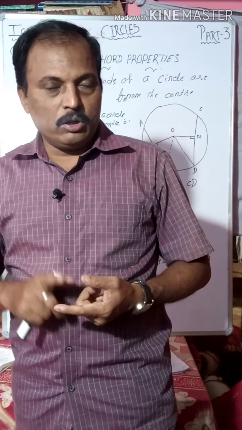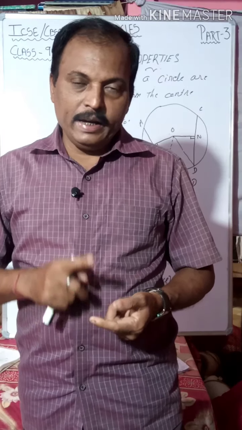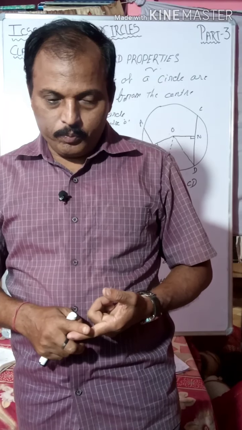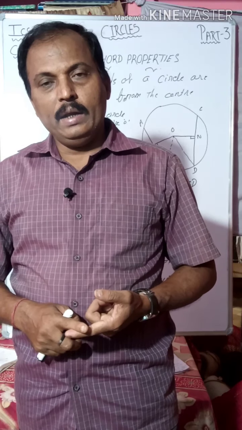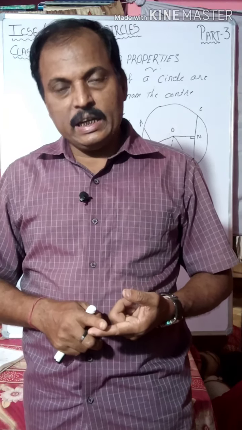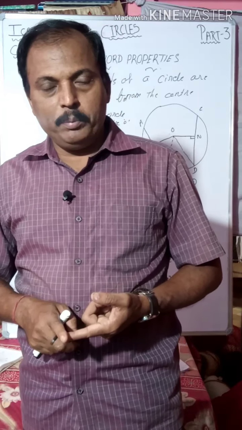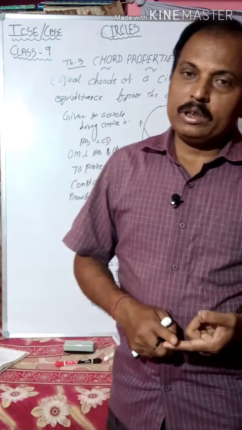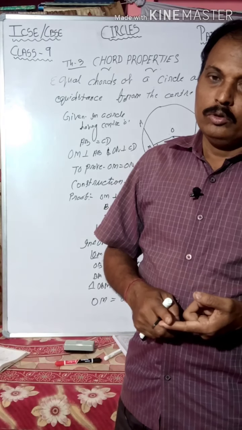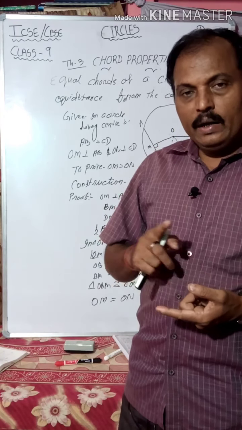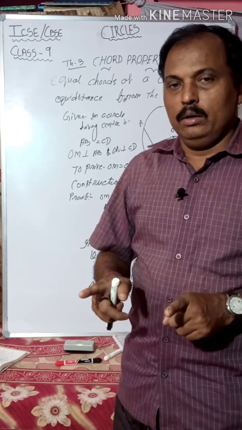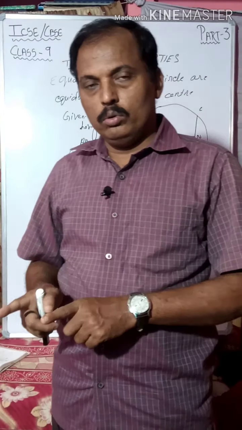Then we draw a circle with center O and take two chords AB and CD which are equal. Then we draw the distances: OM is perpendicular to AB, ON is perpendicular to CD. So this is the given. Then to prove: OM is equal to ON.